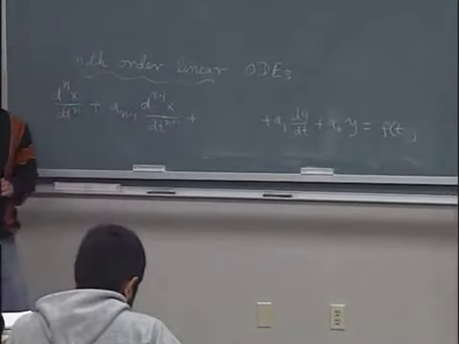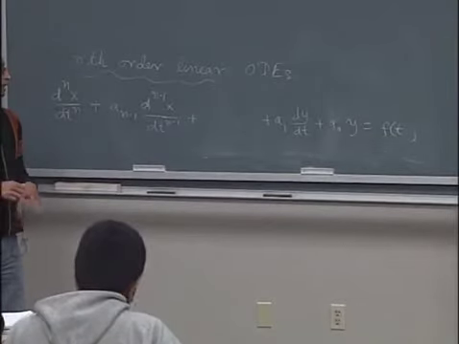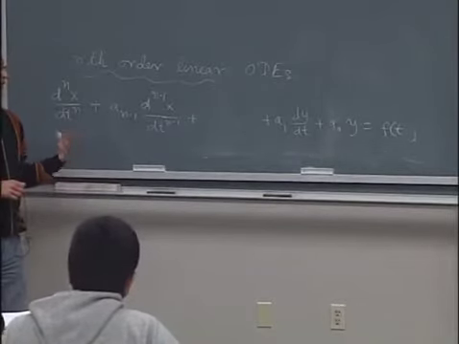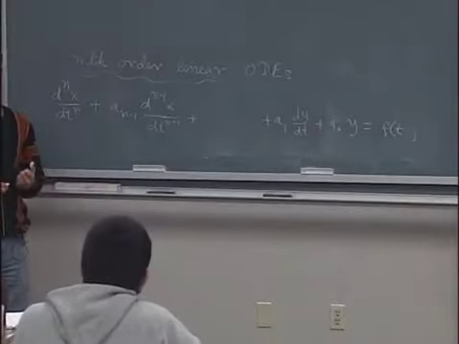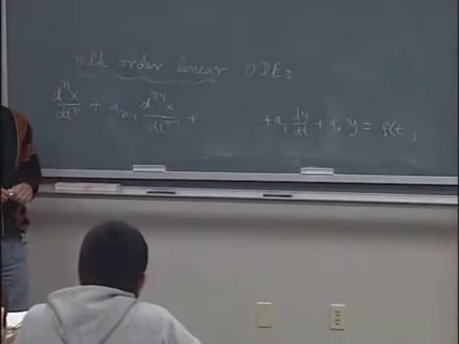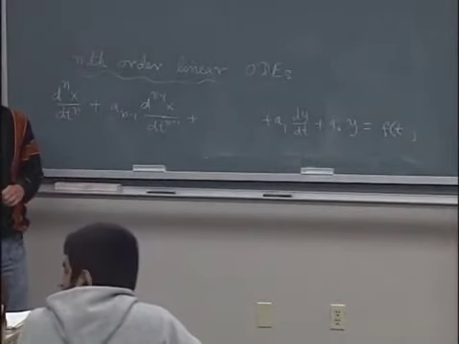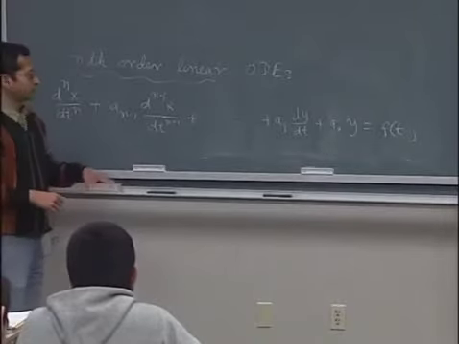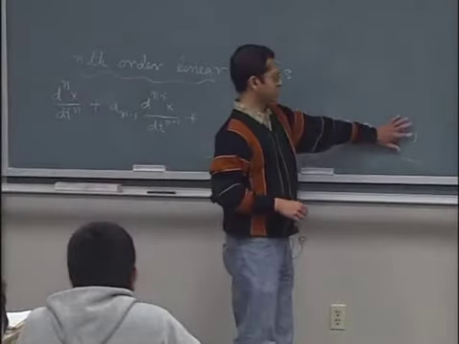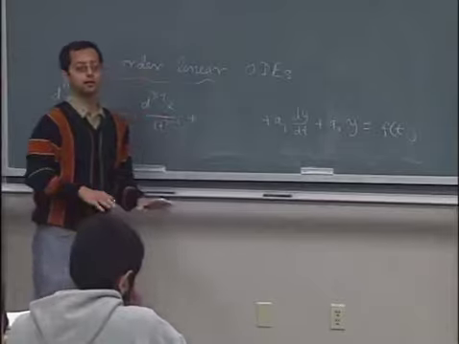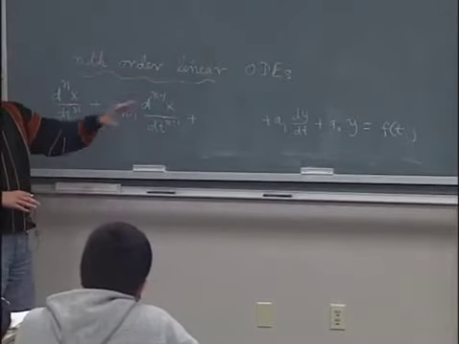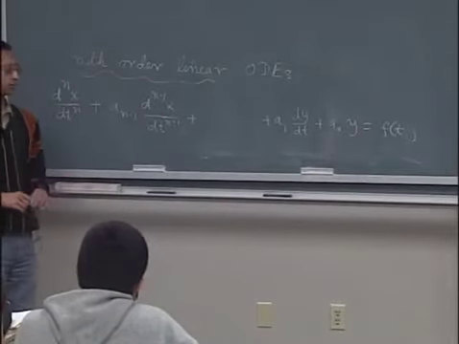And do you remember what the homogeneous part of an equation is, or whether the equation is non-homogeneous? Whether f of t is 0 or not 0? Yeah. So if the right-hand side is 0, the equation is homogeneous. If the right-hand side is non-zero, like f of t, it's a non-homogeneous equation.